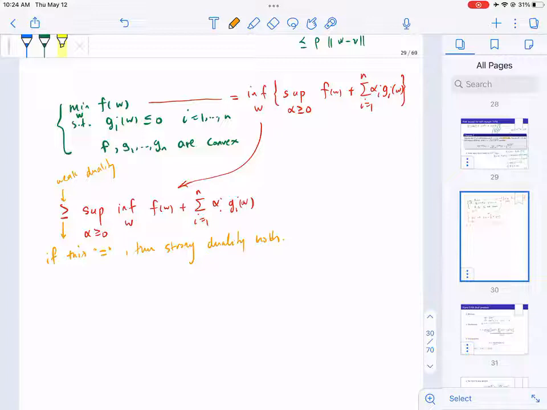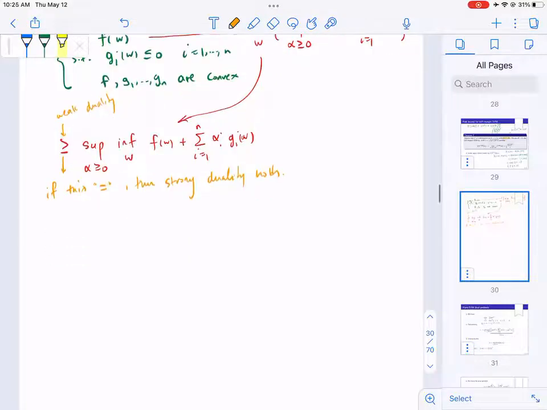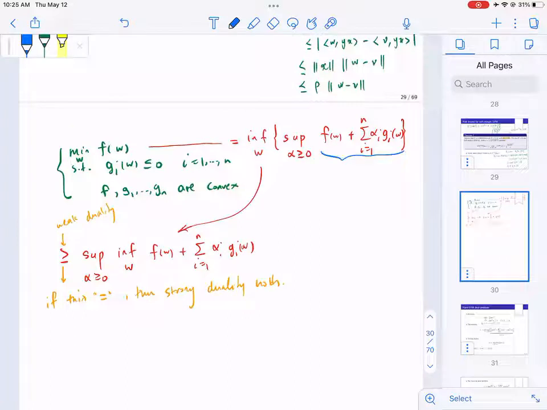And so I can write the problem equivalently as, if I call this the Lagrangian, L(w, alpha).